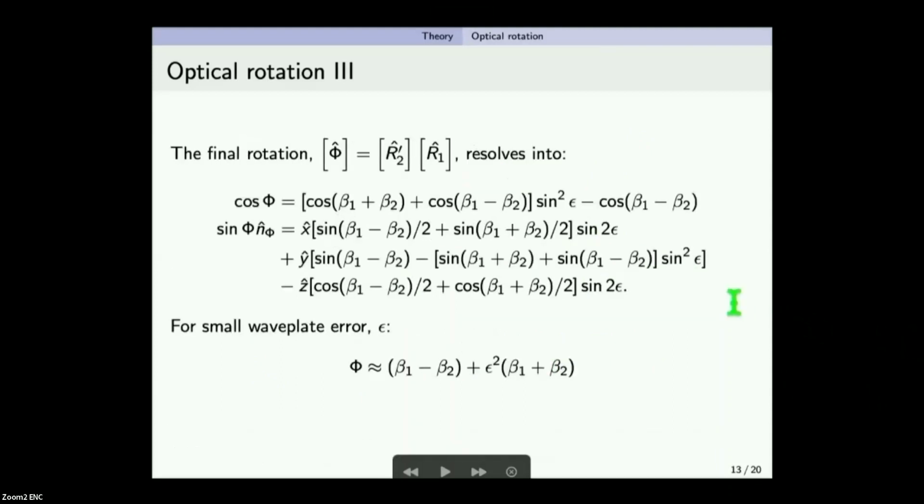But I did something bad here. I kind of snuck in this epsilon term, which is sort of an error in the wave plate that arises from misalignments and thermal changes in the wave plate that I didn't show before.